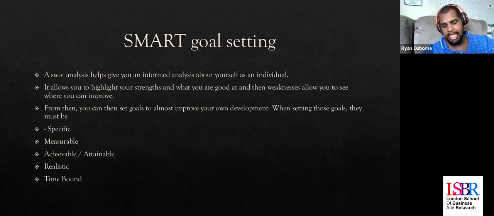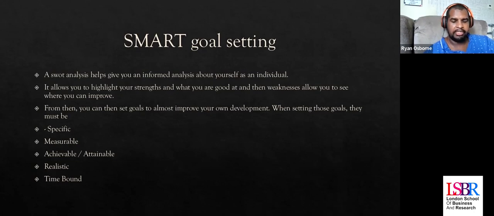Now, the next piece of the pie is you've got to look at whether it's achievable and attainable, either or. When I say achievable, I mean, you've looked at how specific the goal is, and you've looked at how you can measure it as well. For you to really see whether it's achievable for you or not, you have to be realistic about it.